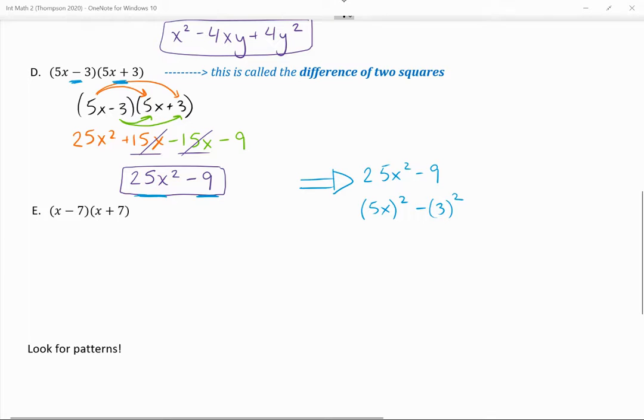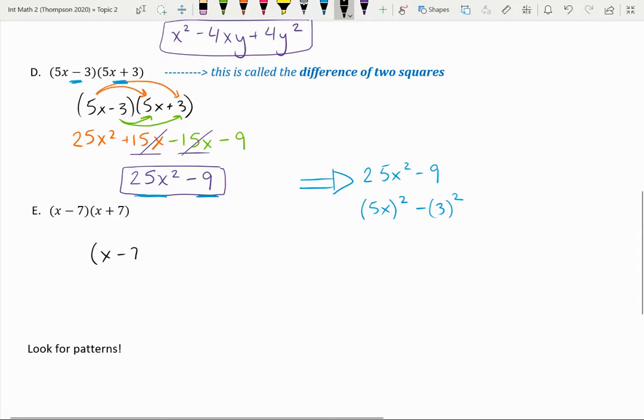So let's go ahead and look at E. X minus 7 and x plus 7. I know just by looking at this problem that that middle term is going to cancel because this is almost the same binomial, just with a different sign in between. All right, so watch. X times x is x squared. X times 7 is plus 7x. Negative 7 times x is minus 7x.